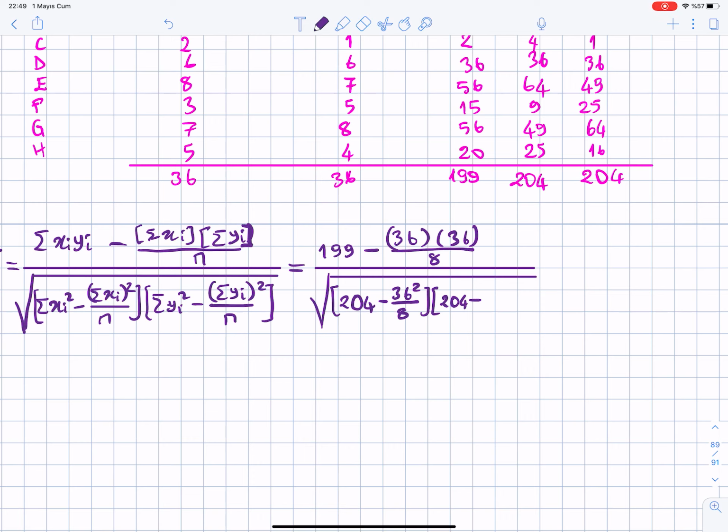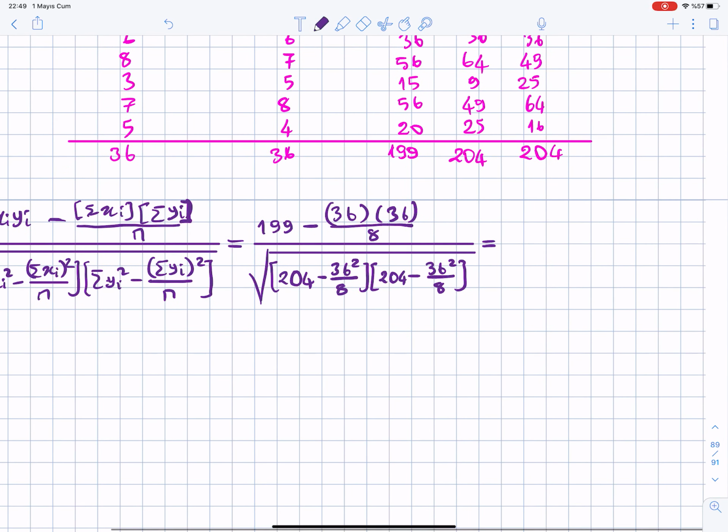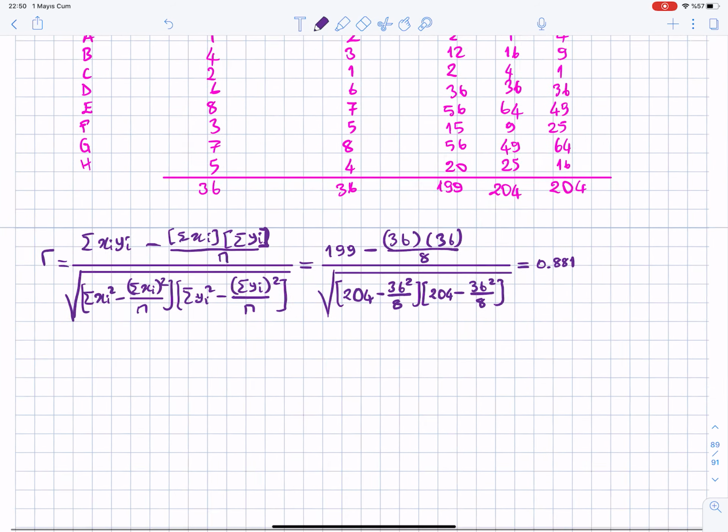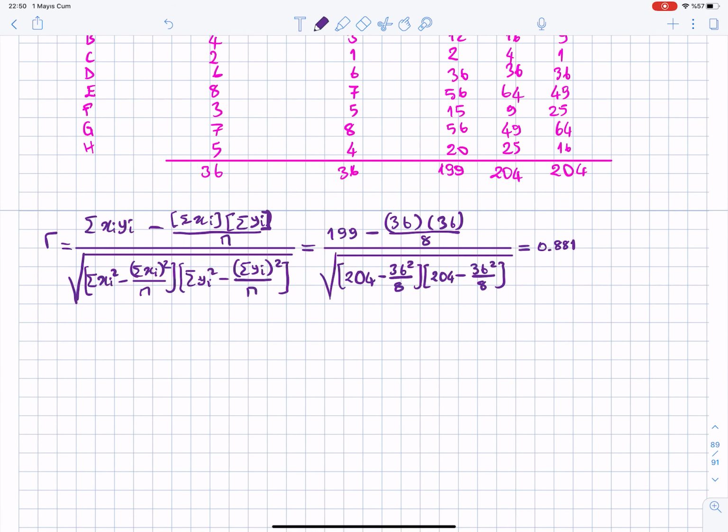If you get this calculation done, you should get 0.881. This is how you calculate the correlation coefficient using the Pearson correlation coefficient formula.